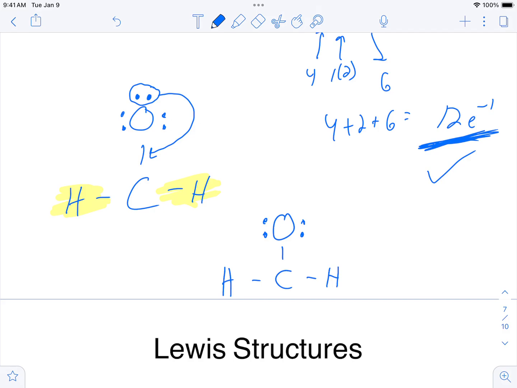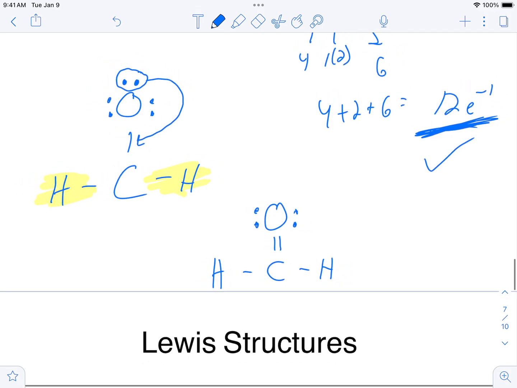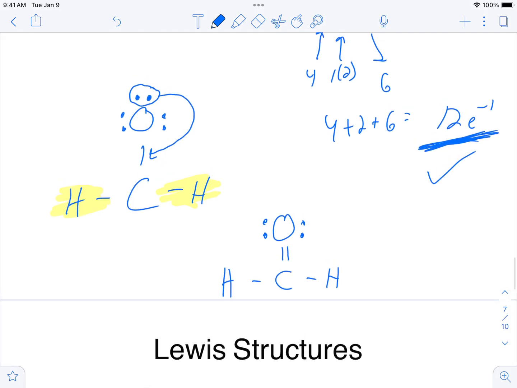So those 2 that are coming down are going to form our double bond there. So notice we didn't use any more or less electrons. We still used 12 electrons. But now forming that double bond helped us satisfy the octet rule for carbon. And notice oxygen still has its octet.